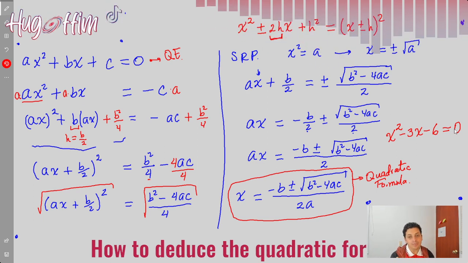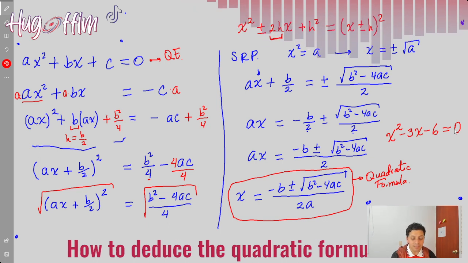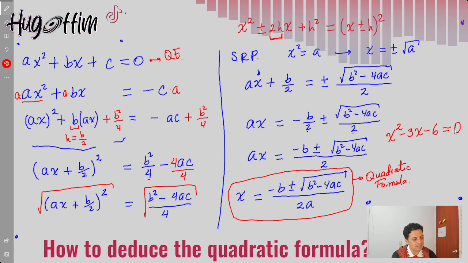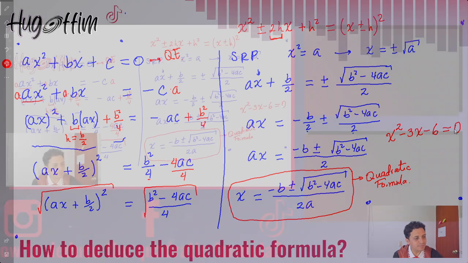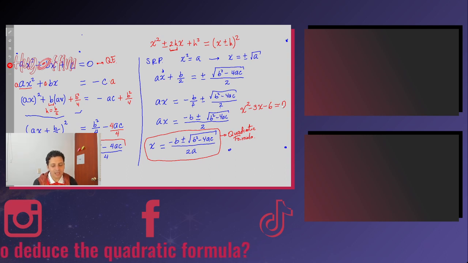You can solve it by quadratic formula, a, b, and c, or you can solve it by completing the square method, and tell me in the comments which one is easier, which one do you prefer to use.